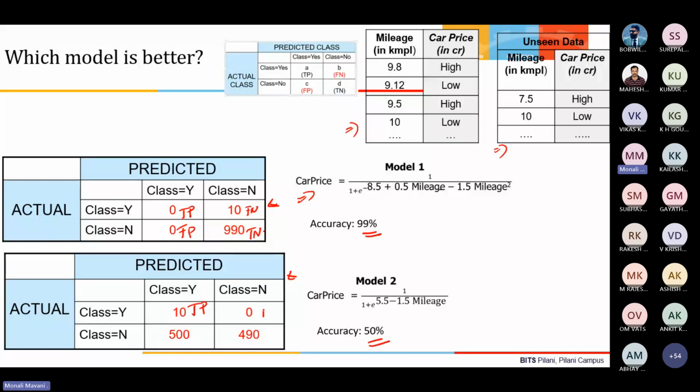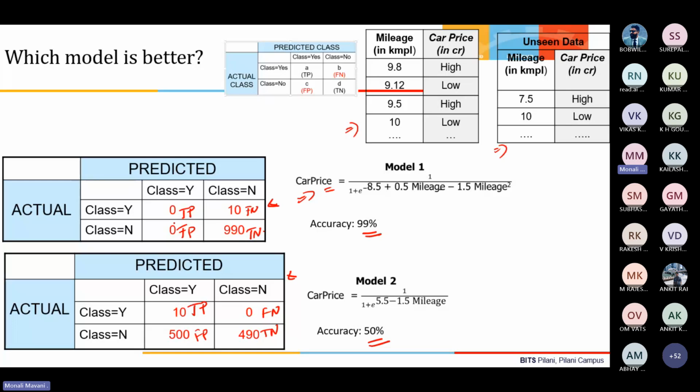So which one is better? Can you tell? The 50% one? For which problem? Say the problem is car price prediction. 99%. But the problem is, okay, fine.